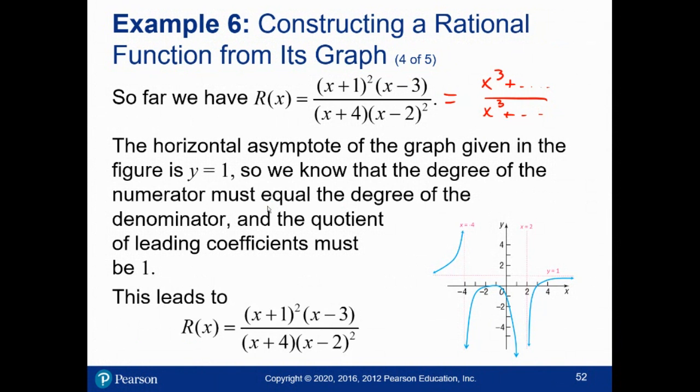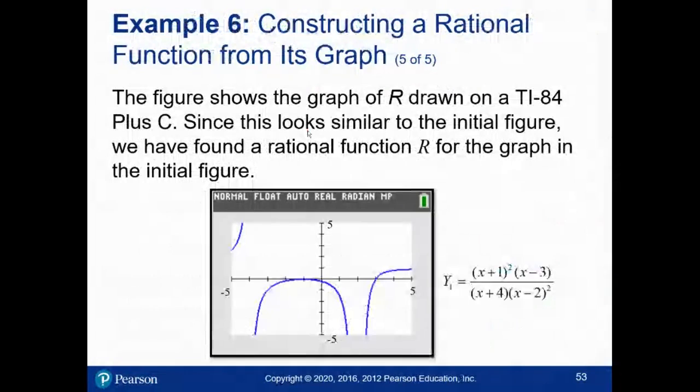If the horizontal asymptote was y equals 2, I might want to throw a 2 out in front. If the horizontal asymptote was -1/2, I might want to throw a -1/2 in there. But the horizontal asymptote is just 1, so we're just multiplying by 1, so don't worry about it. If you graph this, it looks pretty correct right now.